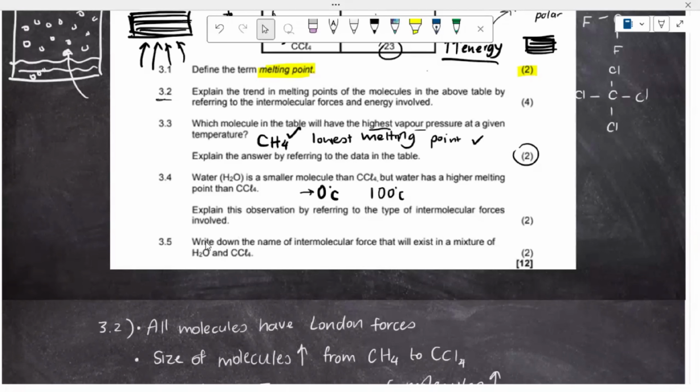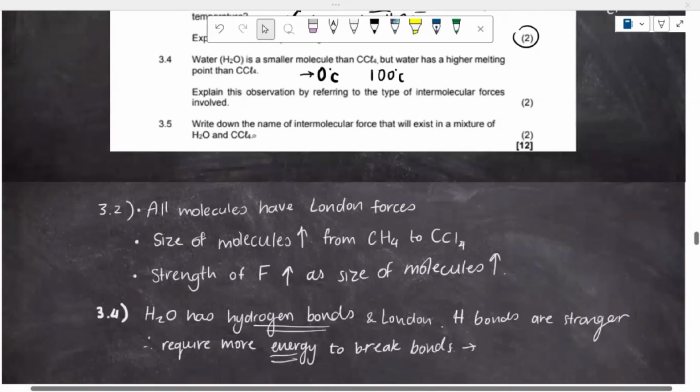If it has, does that make it polar or non-polar? Cool. Thank you, Simba. Water is polar, right?